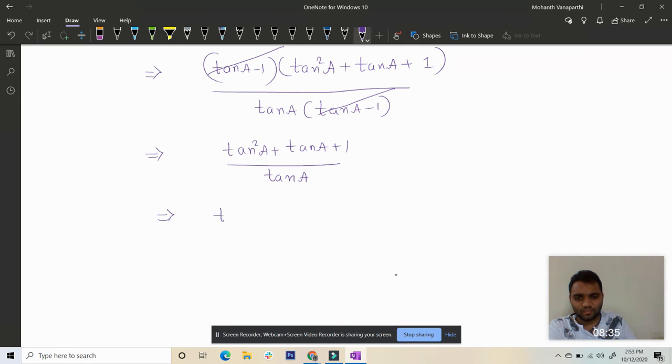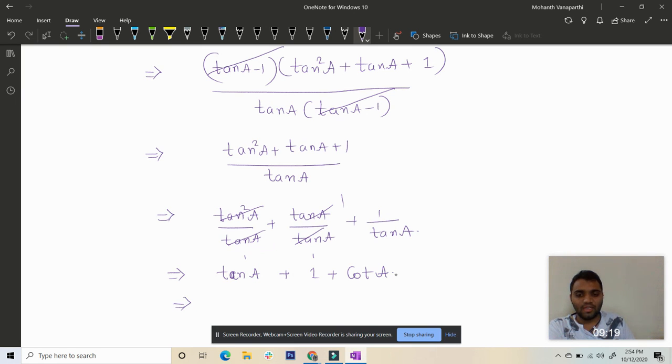Then I will get tan square A divided by tan A plus tan A divided by tan A plus 1 divided by tan A. Tan A and tan A get cancelled, which is equal to 1, and in the first term, when I divide tan square A with tan A, one tan A will remain. Now tan A plus 1 plus cot A.